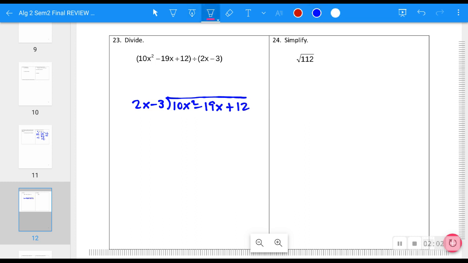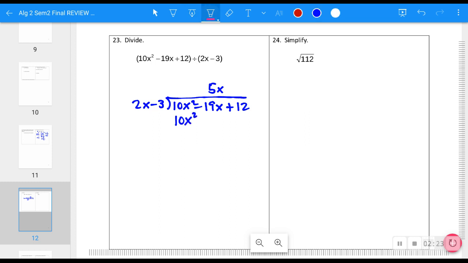In this process, you want to make a match between the front part of the binomial and the front part of the trinomial. In this case, multiplying 2x by 5x will give us what we want.